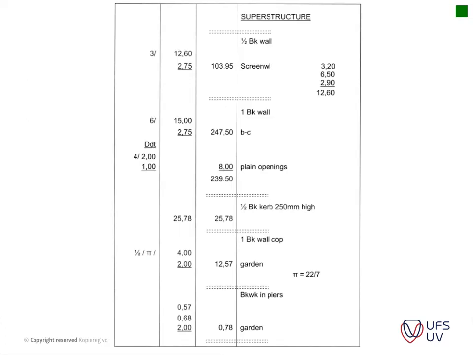Okay, so this is just an example of how the measurement work usually looks, and I'm just going to briefly touch on this. As we get into our elemental estimation, which we'll do after this September block week, I'll expand a little bit more on this, but basically you've got a little system that you use. So for instance, half brick walls, you measure your length, and you've got your screen wall here.